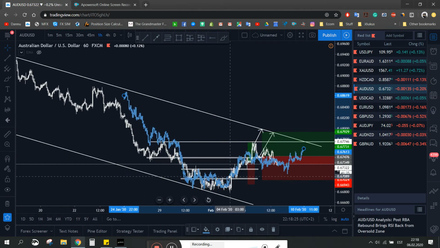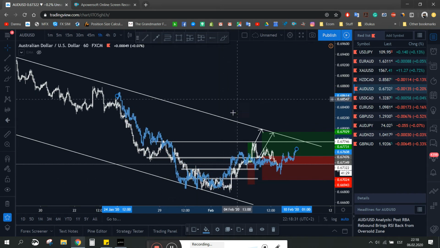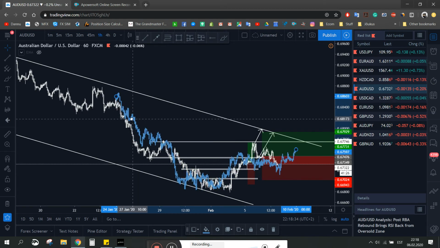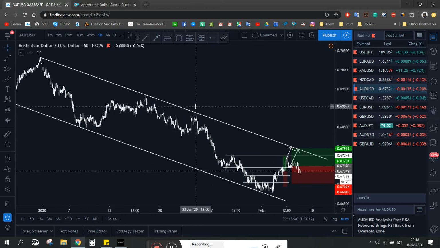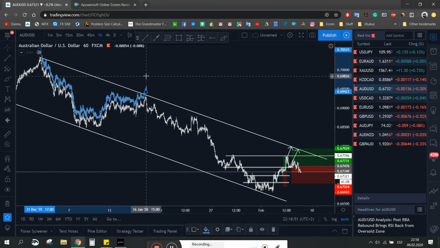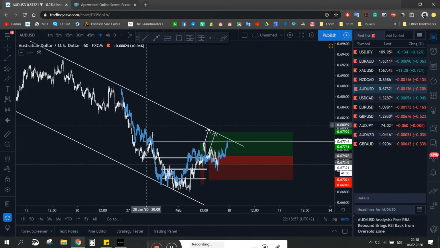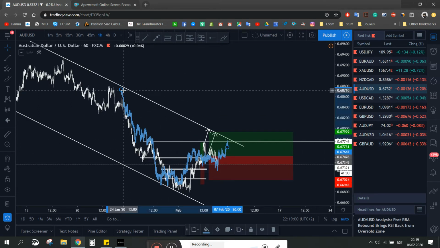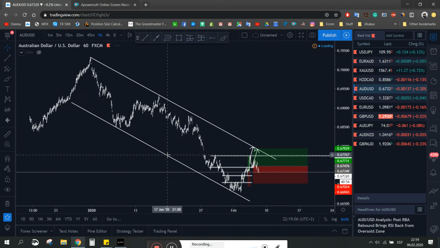So yeah, this looks pretty similar. I've never used this before. It looks pretty cool. You know how they say history repeats itself. So I'm thinking, why not use this strategy for a while. Looks like it's acting pretty similar. How cool is that? So I'm currently in this trade. We'll see how that goes.